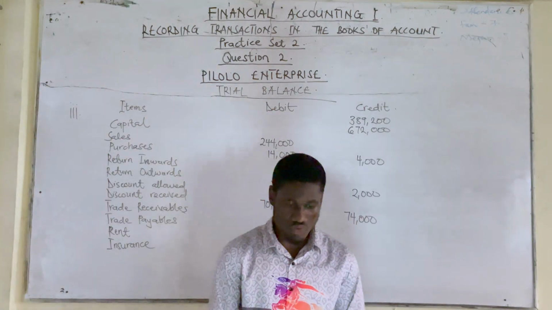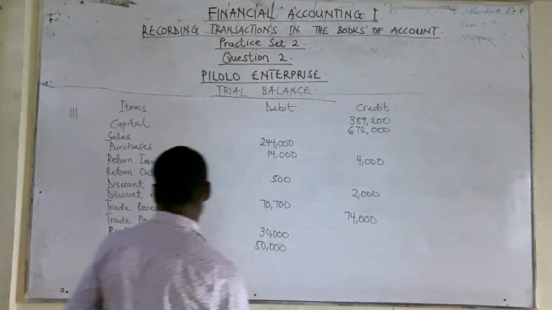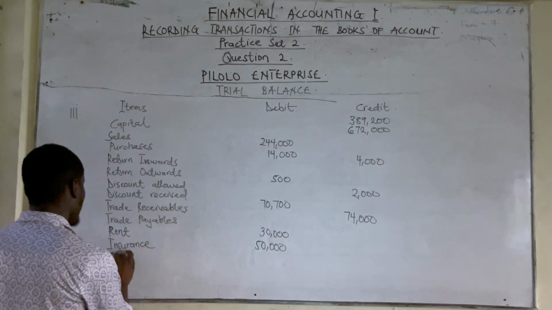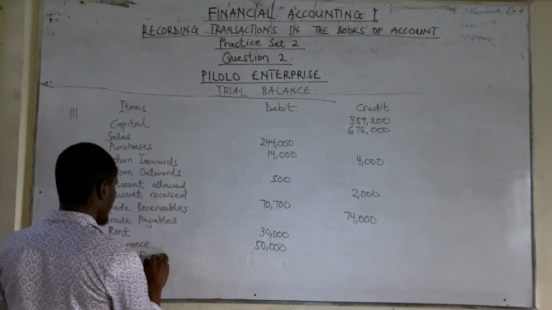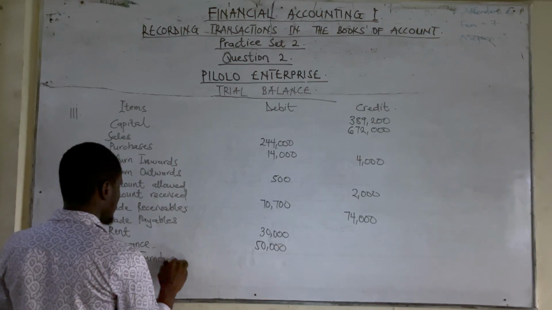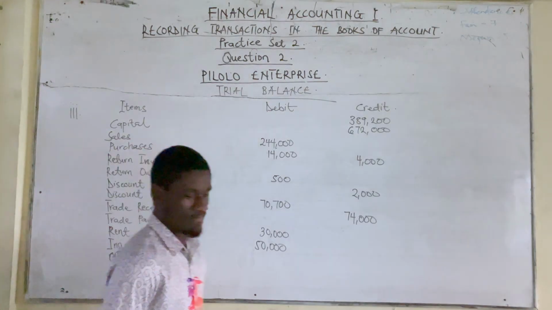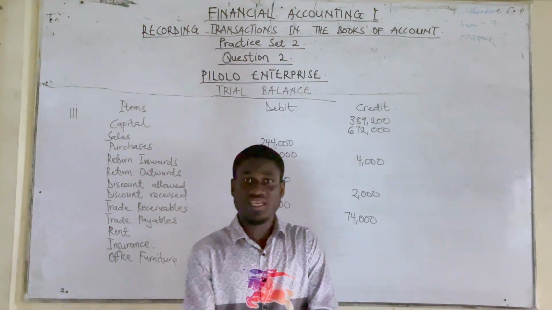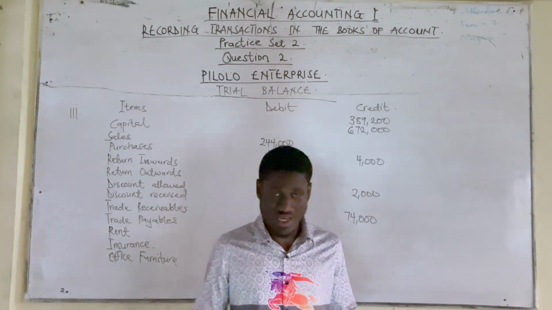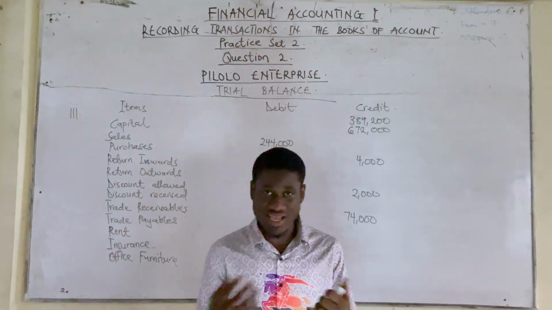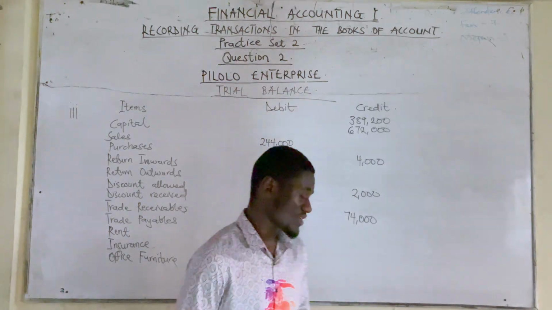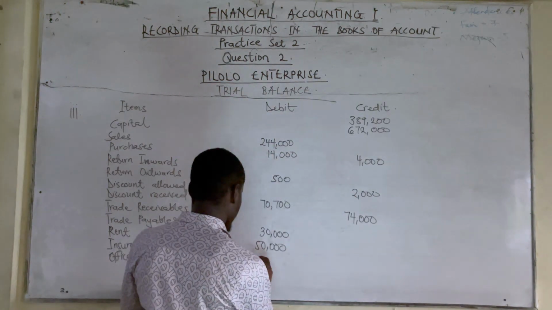Okay, so we move on to office furniture. We are showing the balances of all the accounts we opened. Office furniture gave us a debit balance. We know assets have a debit balance, and the balance BD for the office furniture was 400,000.